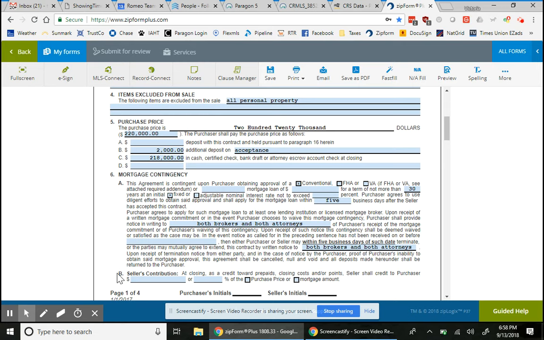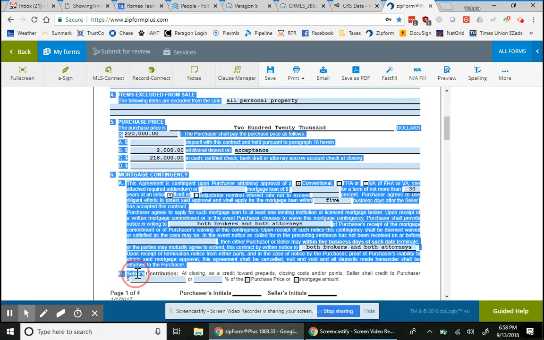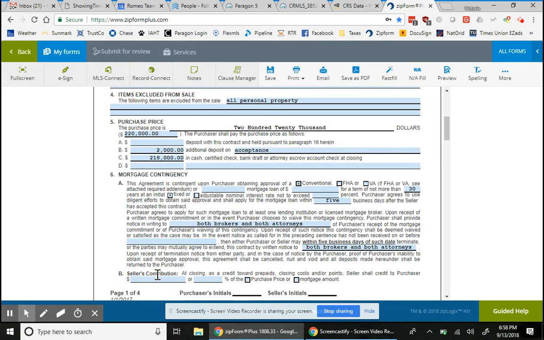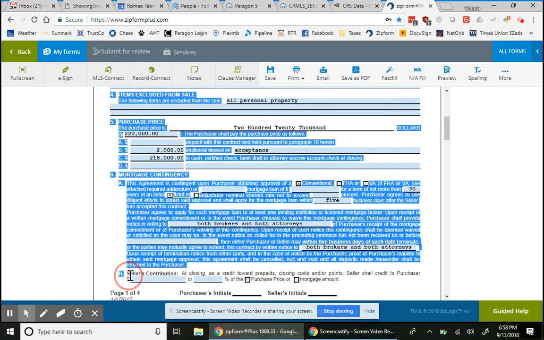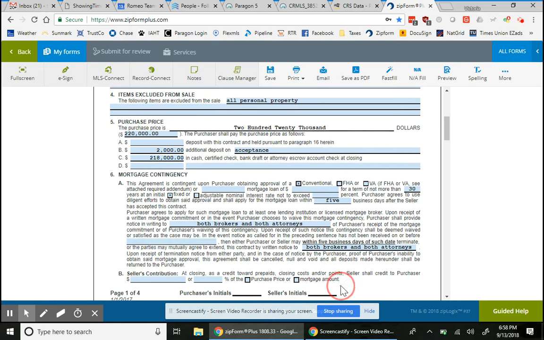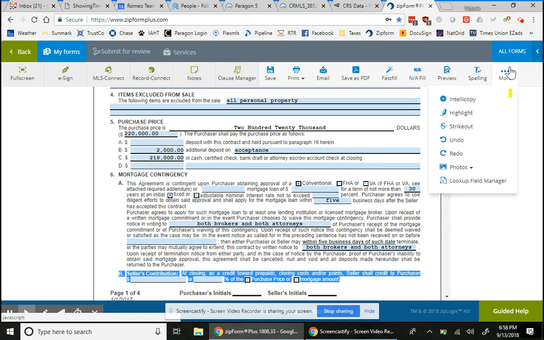A standard buyer that is bringing all their closing costs, this is always a little sensitive, so I'm sorry about that. What you can do if there's no seller contribution, sometimes it's easier to go backwards. You can highlight this, and then in zip form, you can go up, the more button, strike out.